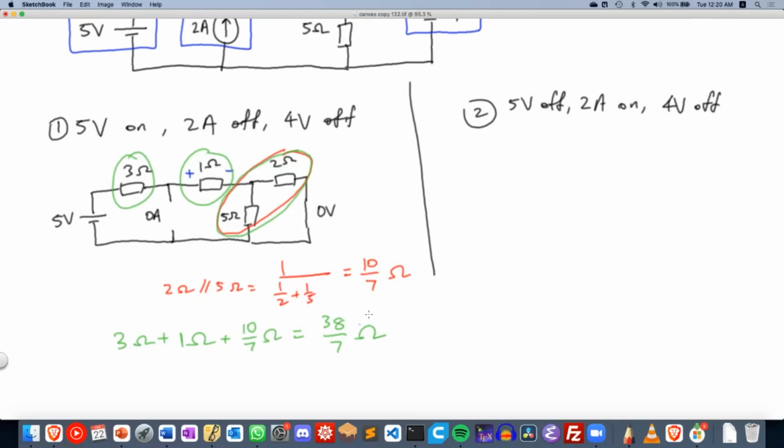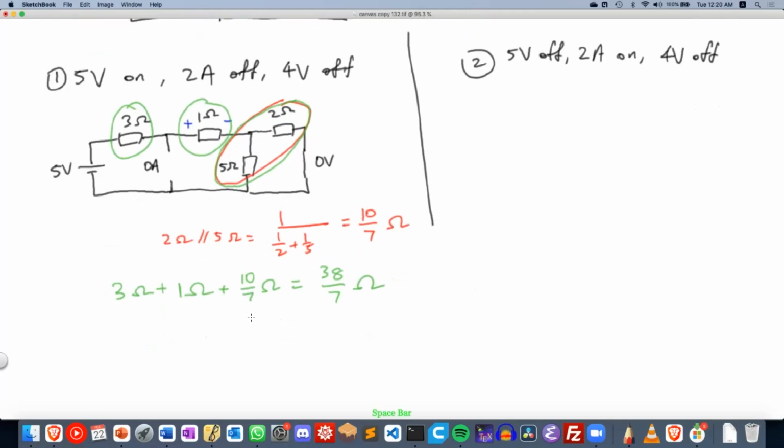Finally, by the voltage divider principle, the PD across the 1 ohm resistor is 1 ohm divided by 38 over 7 ohm times 5 volts. That's 1 over 38 over 7 times 5, which is 35 over 38 volts, or around 0.921 volts.